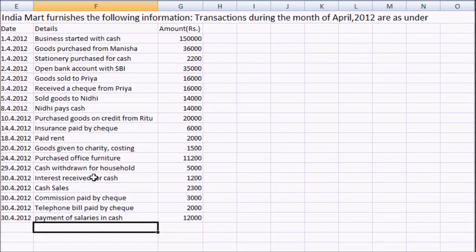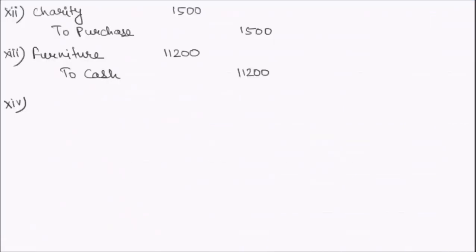And as here the business owner has drawn cash, so there would be a decrease in cash, and drawing is considered to be an expense. So increase in expense, that is drawing here, would lead to be debit, and decrease in cash, which is an asset, would lead to be credit.